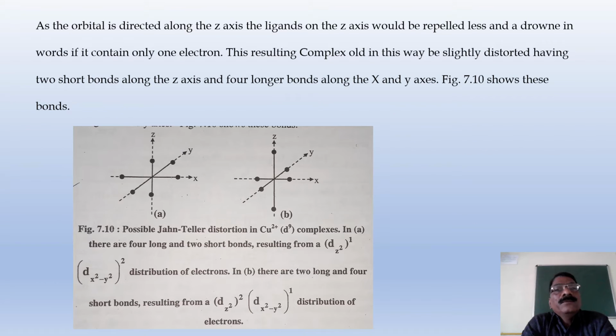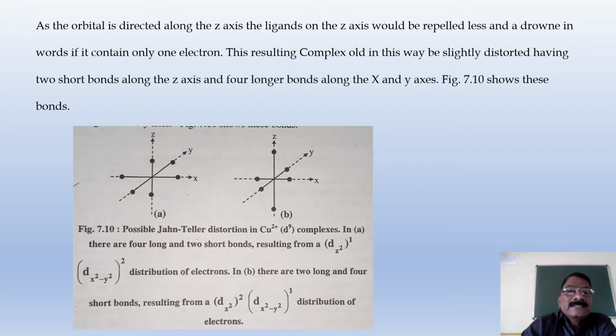As the orbital is directed along the z-axis, the ligands on the z-axis would be repelled less and drawn in towards the metal if it contains only 1 electron. The resulting complex would in this way be slightly distorted, having 2 long bonds along the z-axis and 4 shorter bonds along the xy axes.